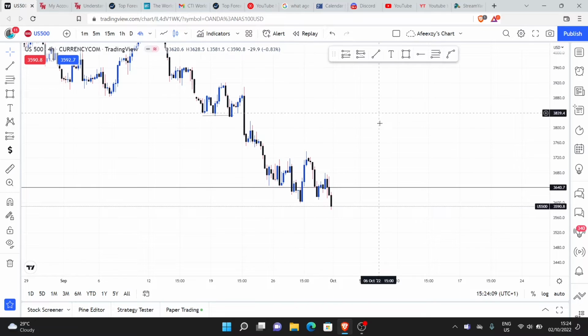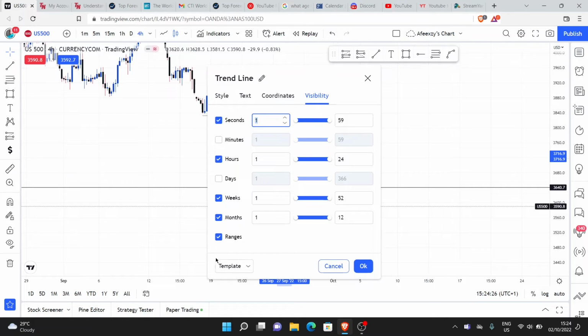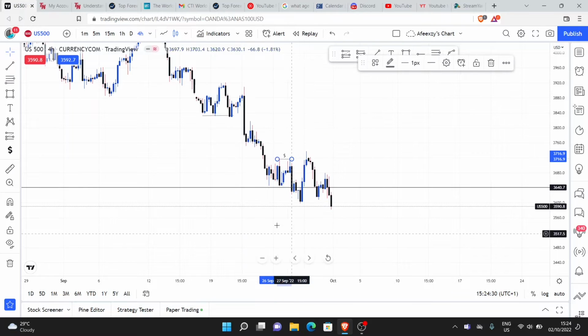After that here, we saw another equal high that was here. Okay, these equal highs, let me put them.